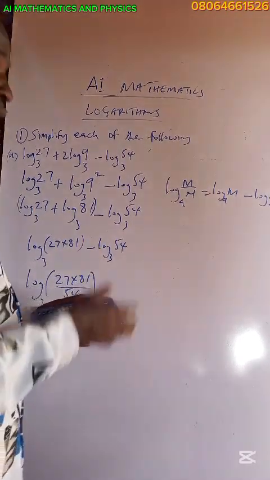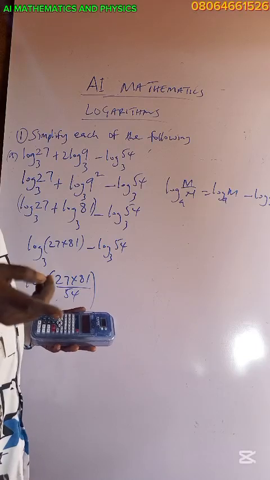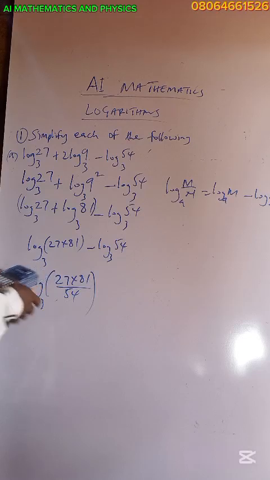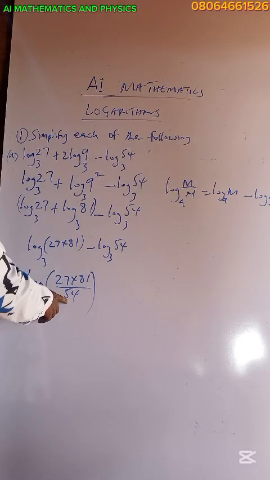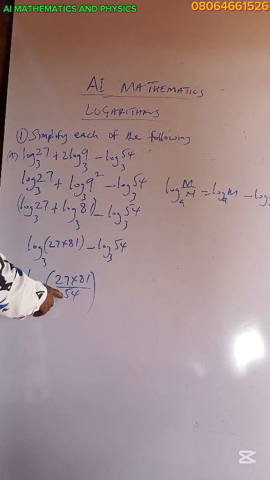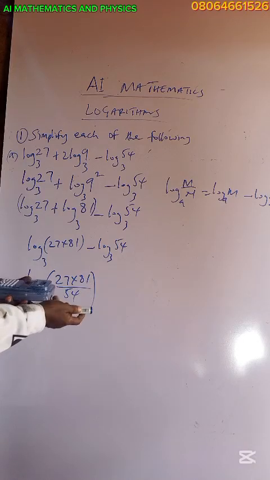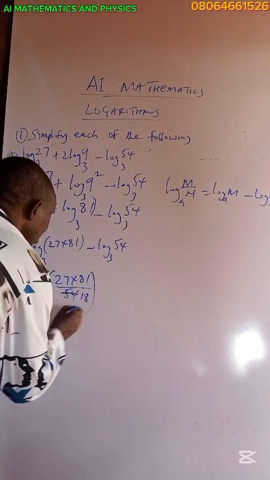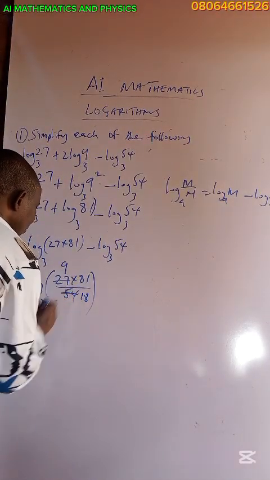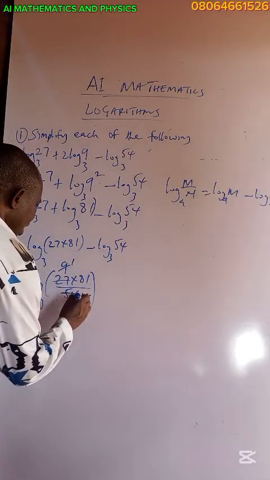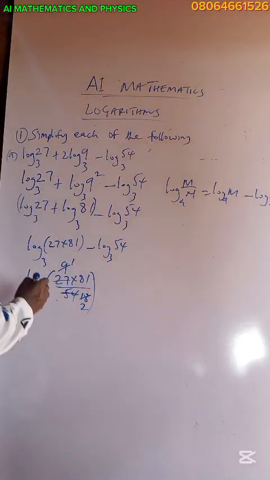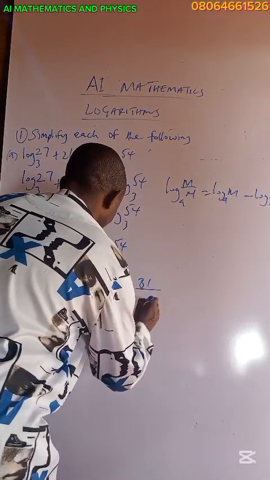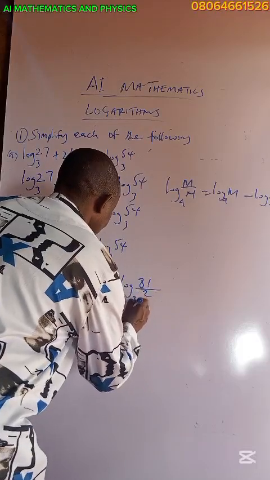If you have not been using it, it's very important because you want to write your WAEC or NECO. So you can see that 3 goes into 27 nine times and into 54 eighteen times; 3 here is 18, 3 here 9, 9 here 1, and 9 here 2, which is given as log 81 over 2 base 3.